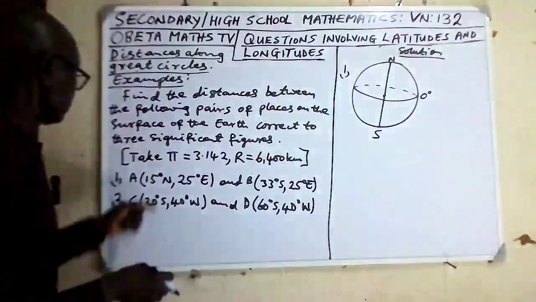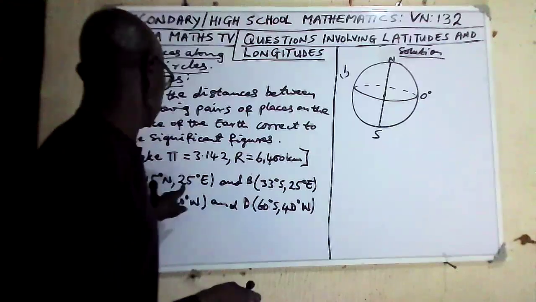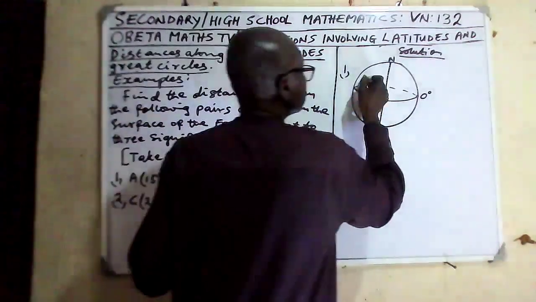So we locate the points 15 degrees north, 25 degrees east.